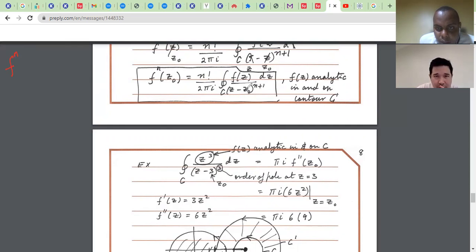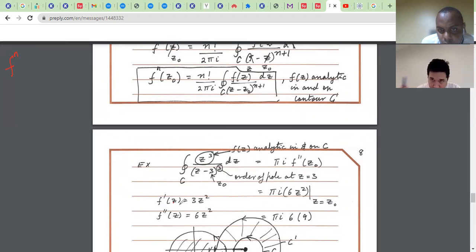Let's use the formula. But why is this z? Is it supposed to be z naught? No, we're taking it of z, but yes, we need to take z naught.